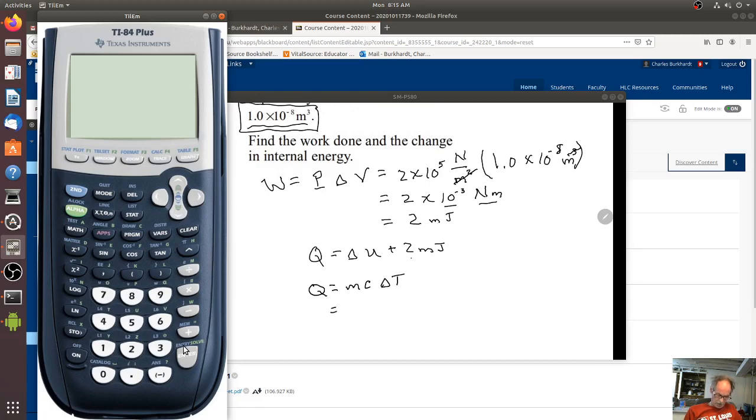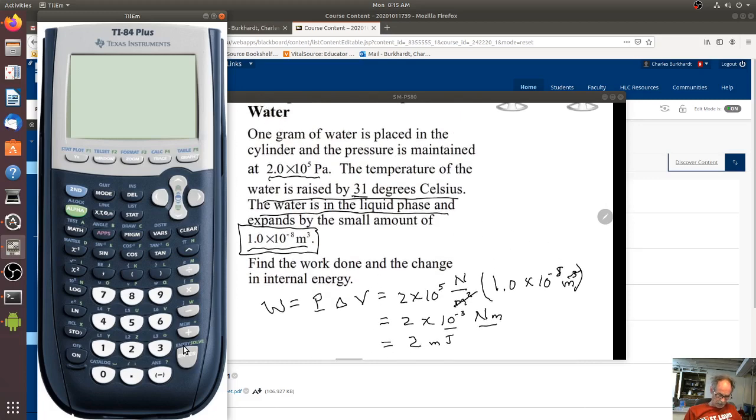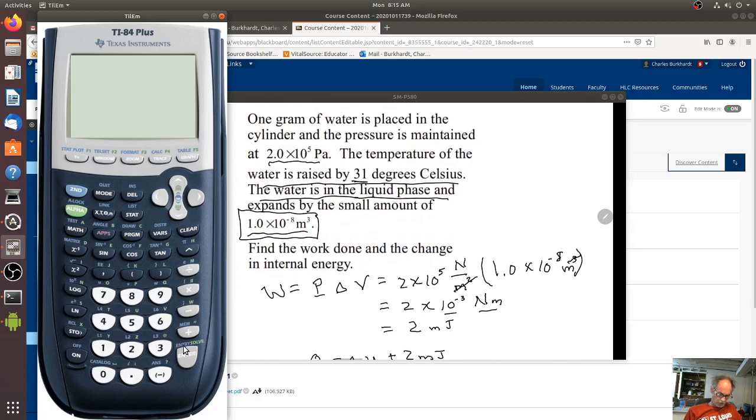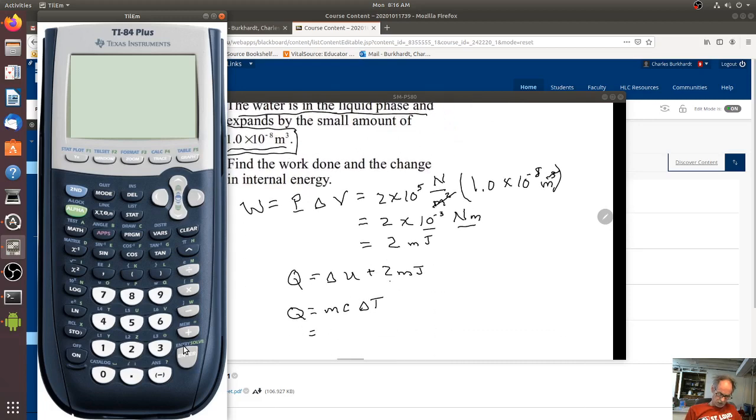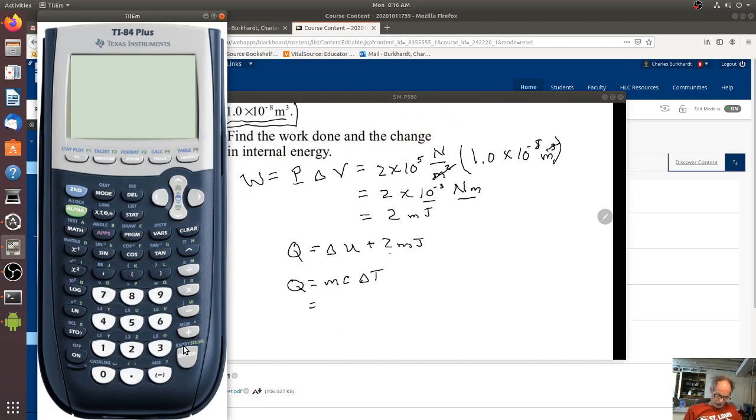So the water went up 31 degrees centigrade. And do they tell me how much water this is? 1 gram of water. So we have to change that to kilograms. That's 0.001 kilograms. And c is a monster number for water.